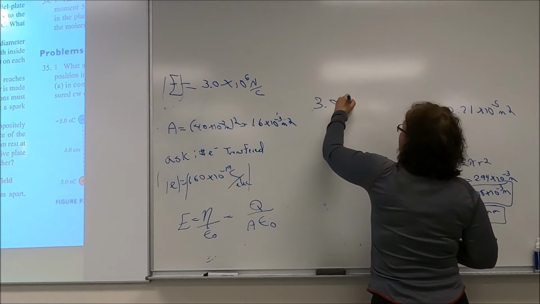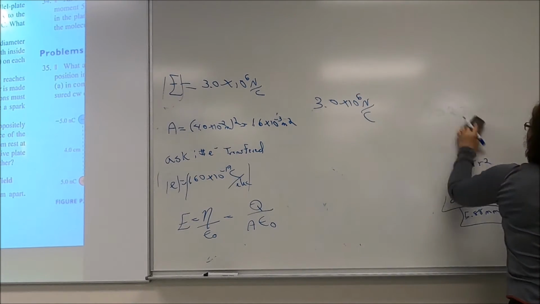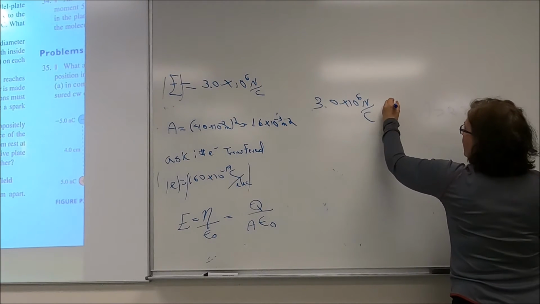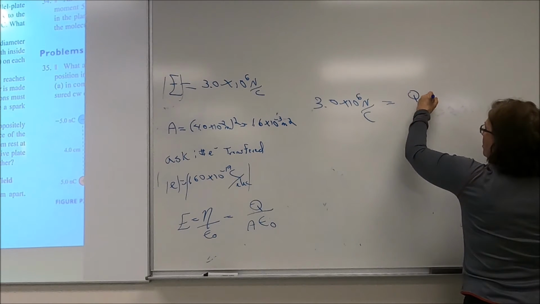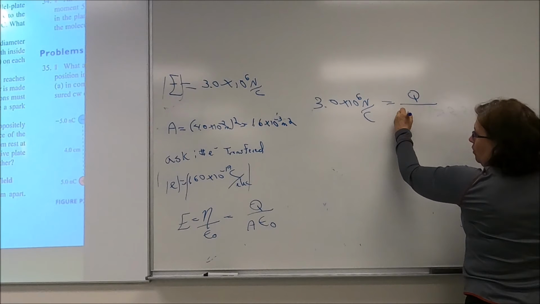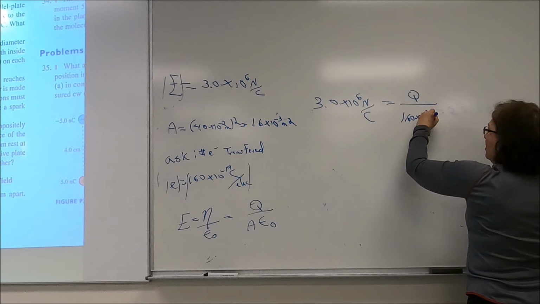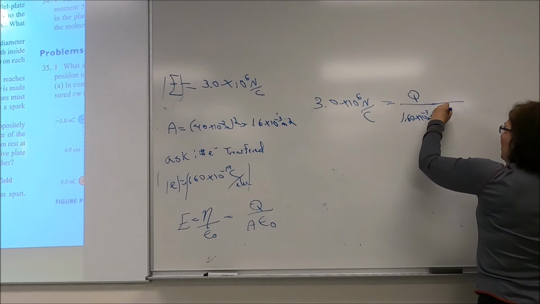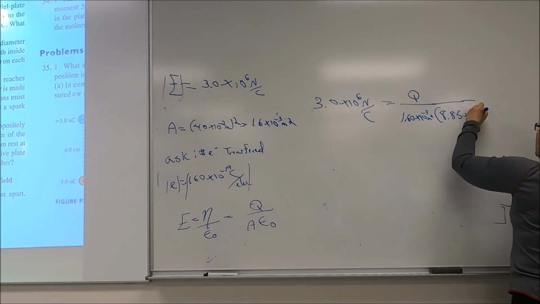So 3.0 times 10 to the 6 newtons per coulomb is equal to Q over the area, which we got as 1.60 times 10 to the minus 3 meters squared, times epsilon 0, which is 8.85 times 10 to the minus 12 coulombs squared over newtons times meters squared.